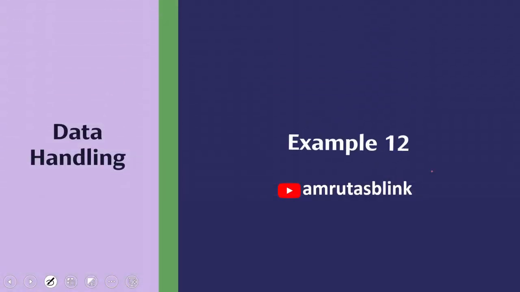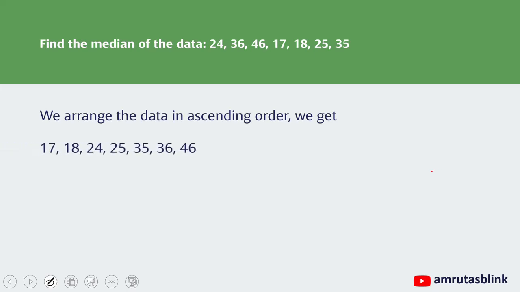We'll see example number 12. Find the median of the data 24, 36, 46, 17, 18, 25, 35. We arrange the data in ascending order. We get 17, 18, 24, 25, 35, 36 and 46.